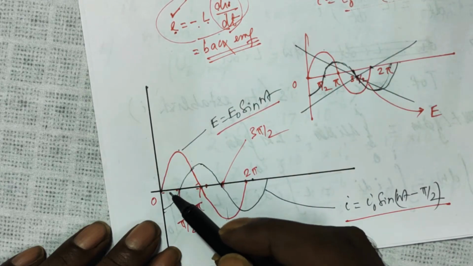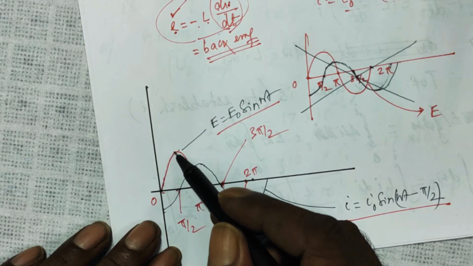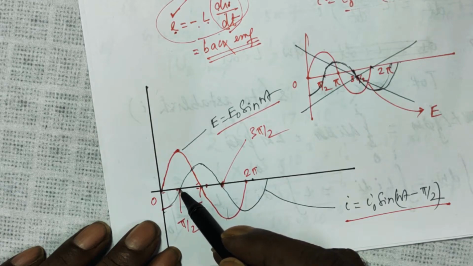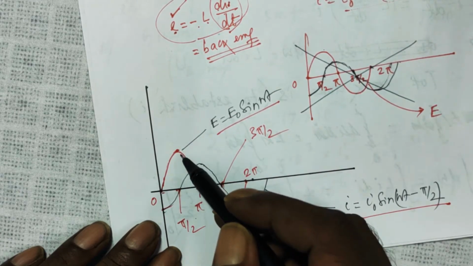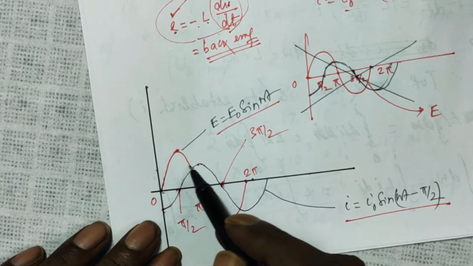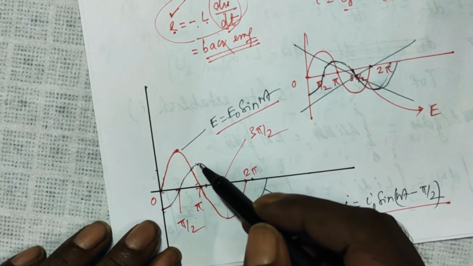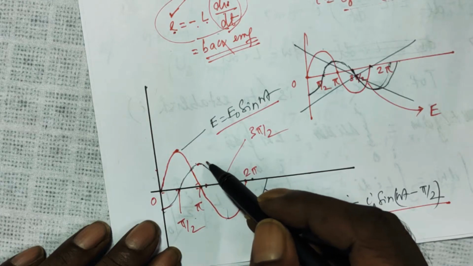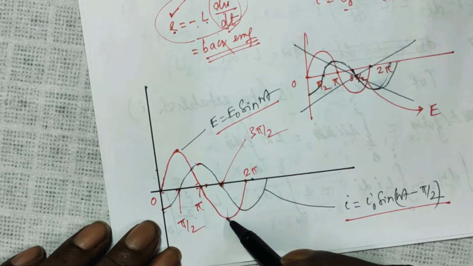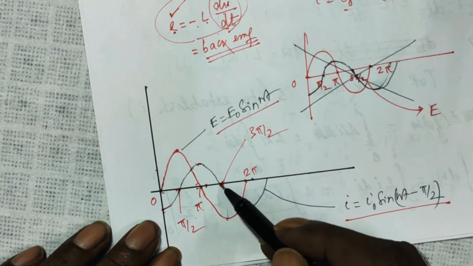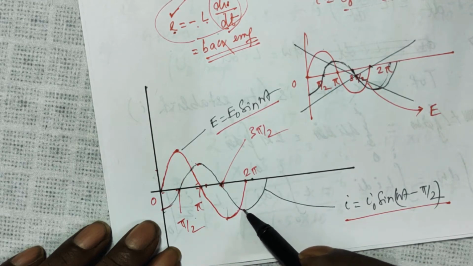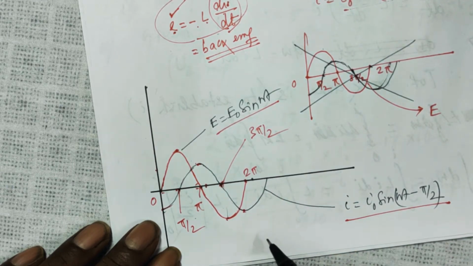Now look, when EMF is maximum, the current is 0. When the EMF is 0, the current is maximum. Or you can say, let me explain it from the current point of view: when the current is 0, the EMF is maximum, and when the EMF is 0, the current is maximum, and the process continues, right?